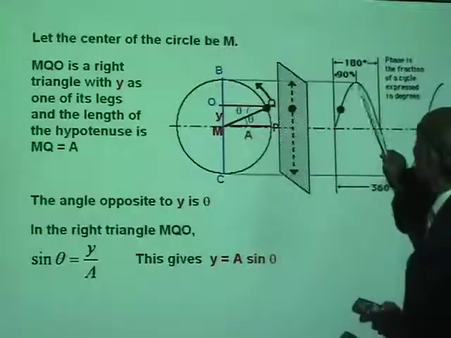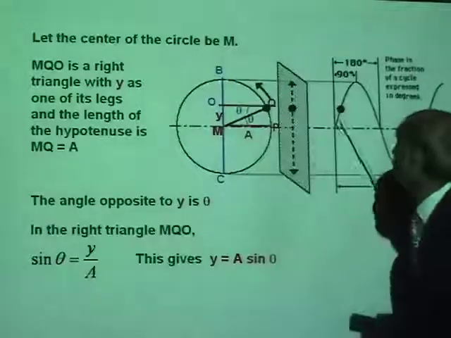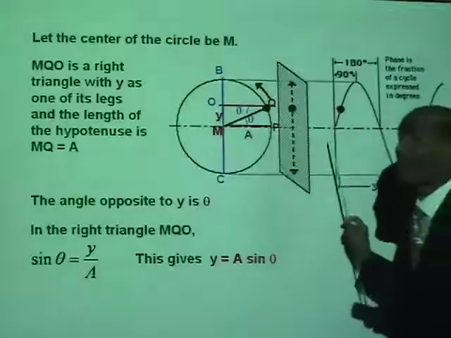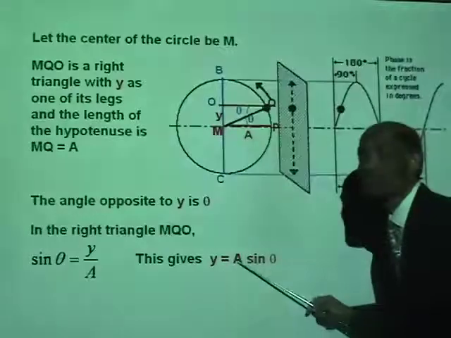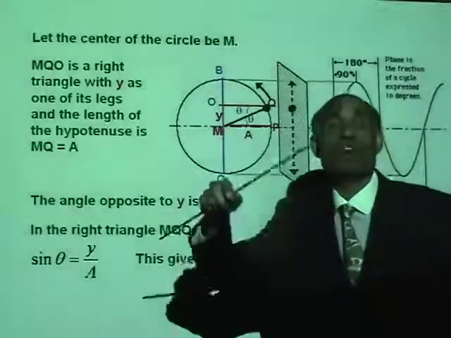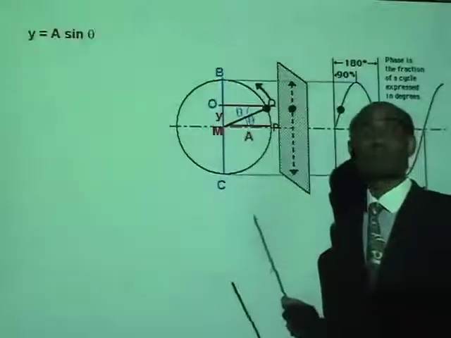Can you figure out this graph? What function has this kind of a graph? Well, this is a sine graph. Look at this. Y equal to A sine theta. Y varies according to the sine of angle theta.